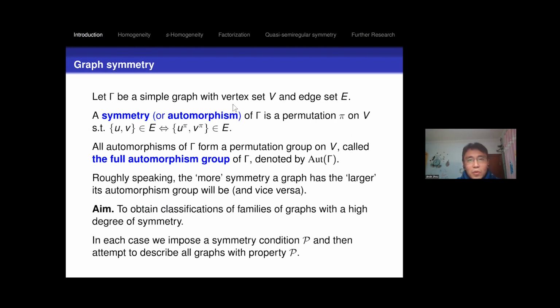Let Γ be a simple graph with vertex set V and edge set E. A symmetry, sometimes called an automorphism of a graph Γ, is a permutation α on its vertex set V such that uv is an edge of Γ if and only if u^α, v^α is an edge of Γ. All automorphisms of Γ form a permutation group on the vertex set, called the automorphism group of Γ, denoted by Aut(Γ).